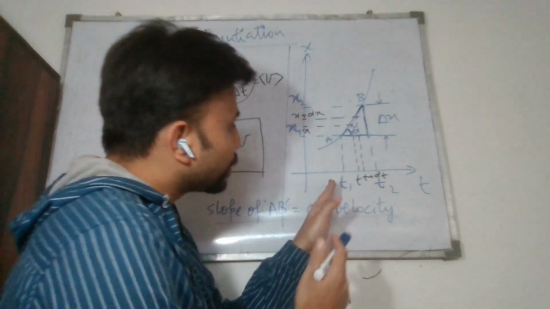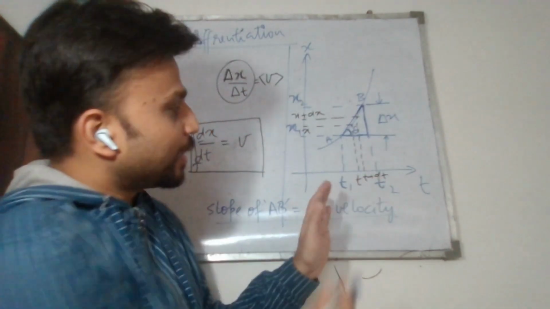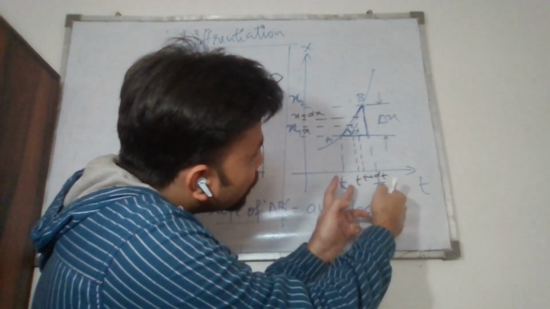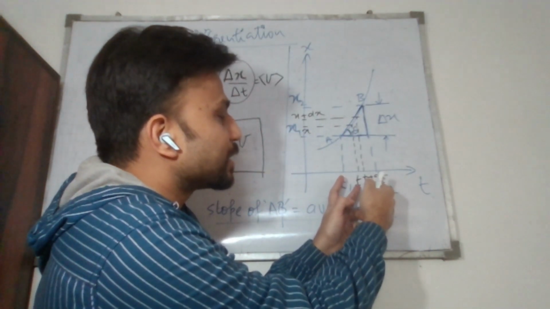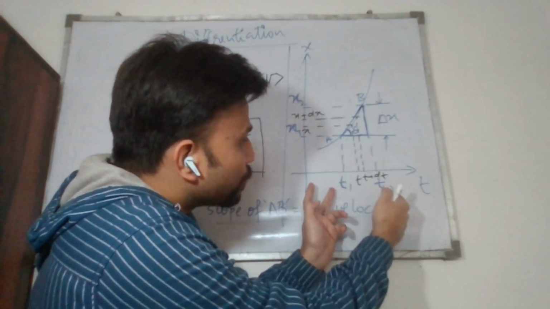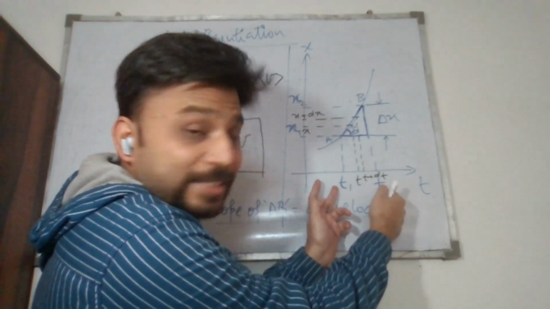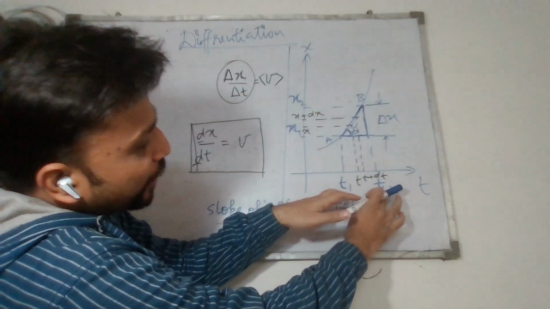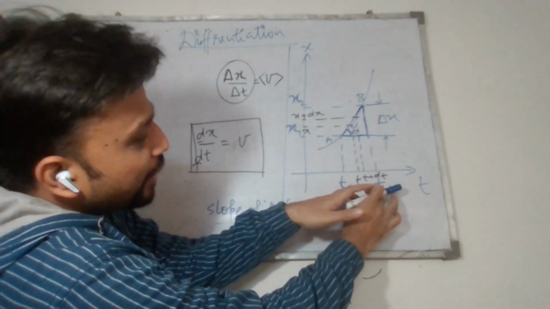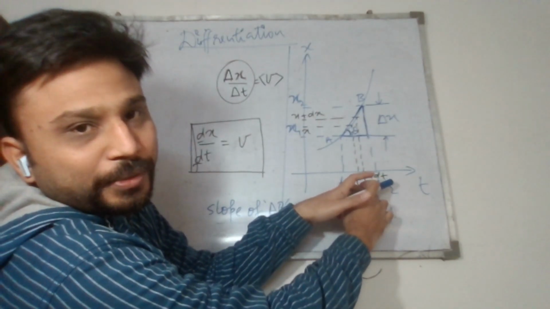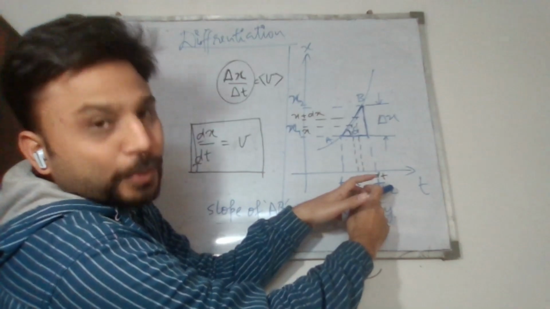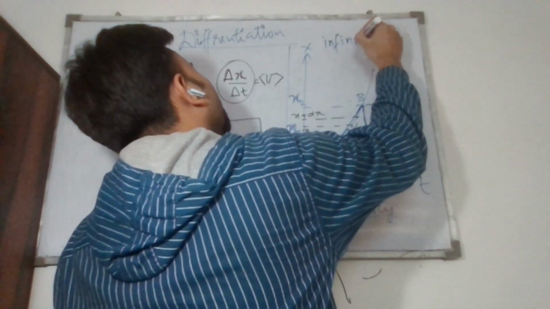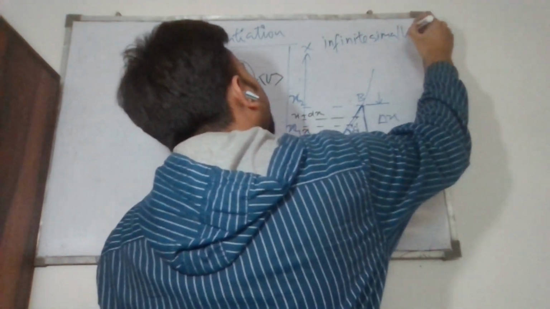We brought this time T1 closer to T2 by making it T, and we selected two time instants which are very, very close to each other, T and T plus delta T. If I keep shrinking the distance between these two time instants, t1 and t2, and make them closer and closer to each other, we use a very good word, which is called infinitesimally close.